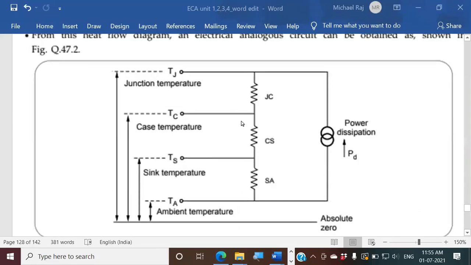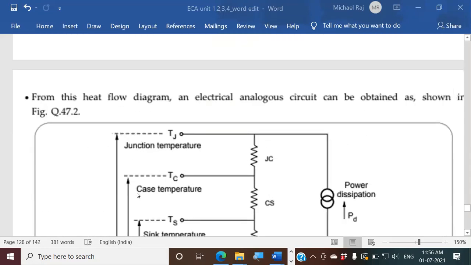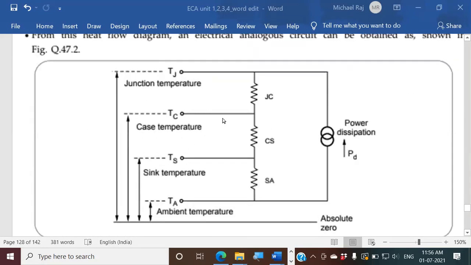So we are drawing three resistances, and what are those? Junction to case to sink to ambient, right? Students, any doubts?